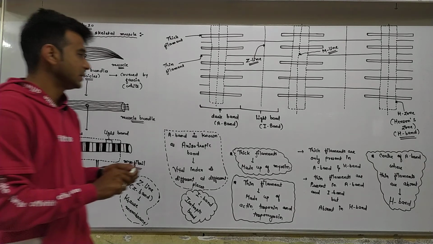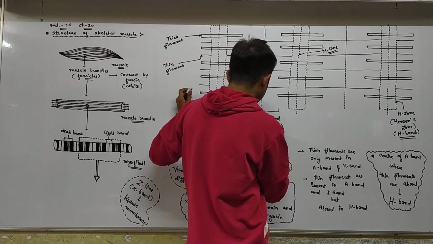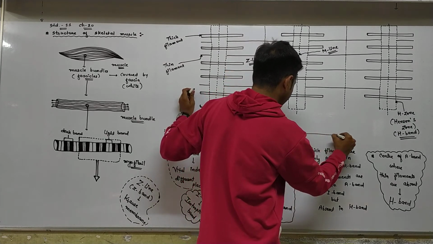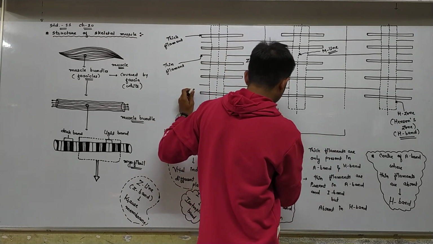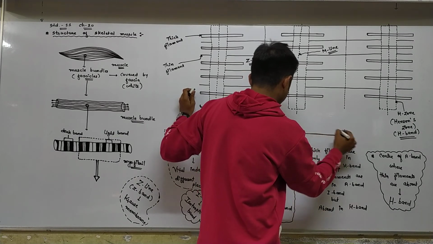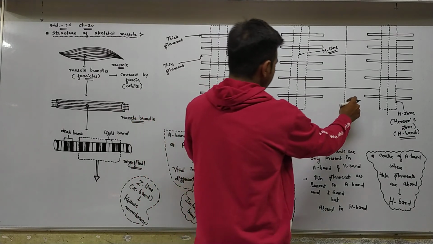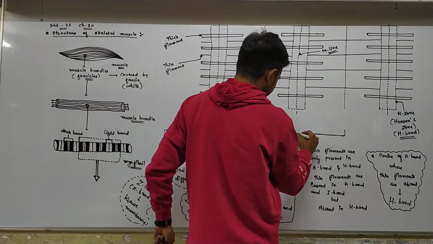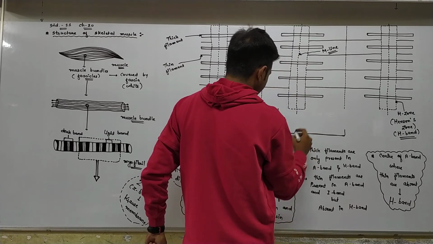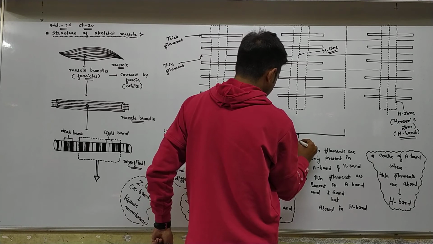Between two successive Z lines, the small fragment is known as sarcomere.